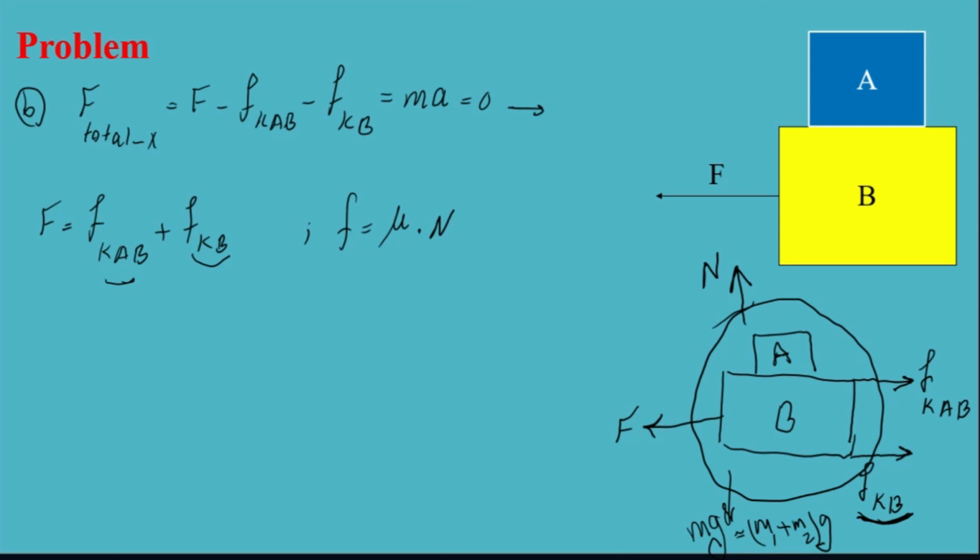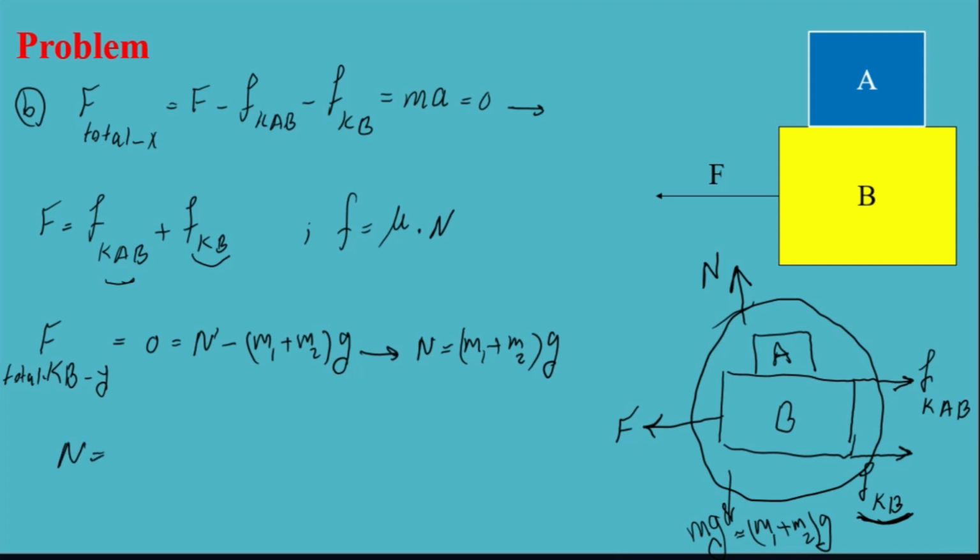We already know the answer for that, but I'm going to write it down again. So my total force in the y-axis is going to be equal to 0. So my n minus (m1 plus m2) times g equals 0. Then my n is going to be (m1 plus m2) times g, right?